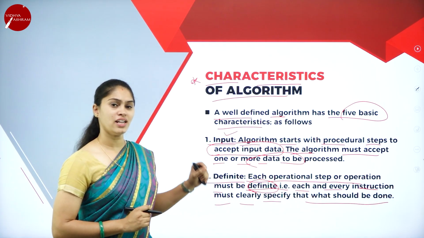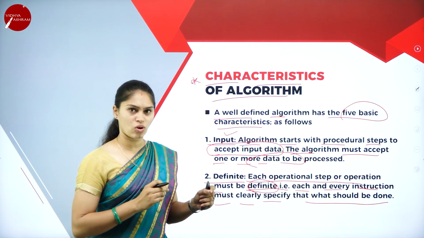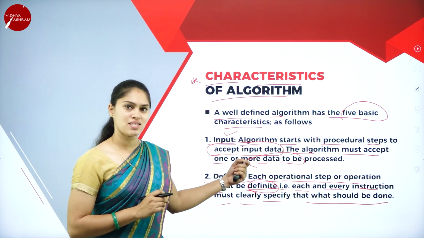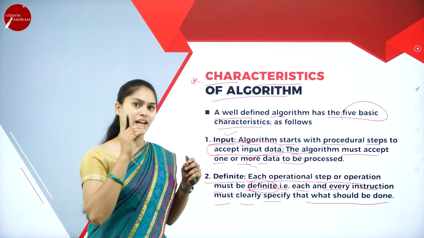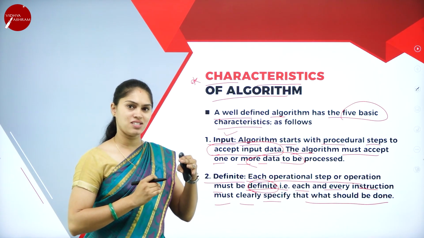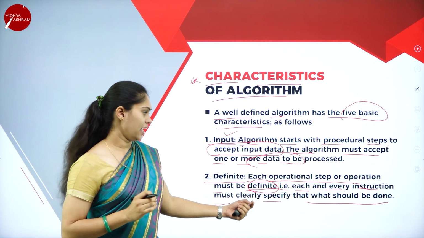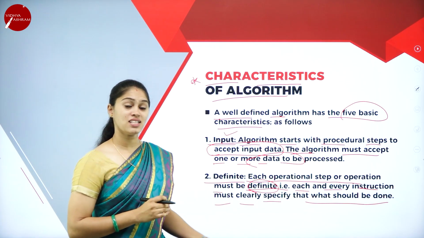So that means each sentence or each line of code of an algorithm must be definite. It has to lead to some meaning. That means in each stage or step we have to specify clearly what should be done. That is definite.